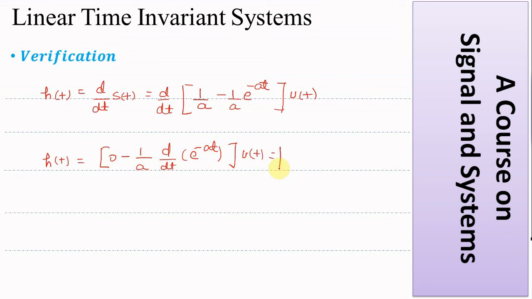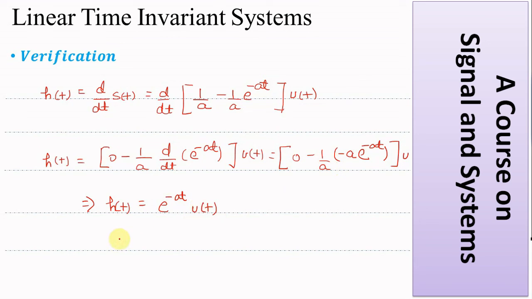So it gives me 0 minus 1 by a, and the derivative of this part is minus a e raised to the power minus at, multiplied by u(t). So this gives me h(t) equal to, first part is 0. In the second part you can see a is cancelled by a, and I can directly write e raised to the power minus at times u(t), which, if we correctly remember, was the original problem.